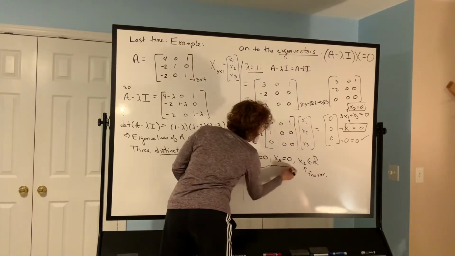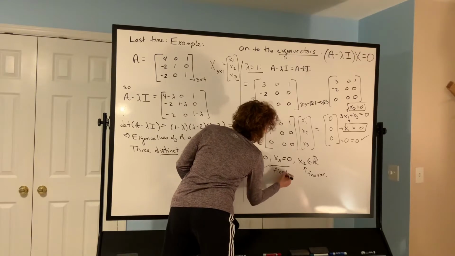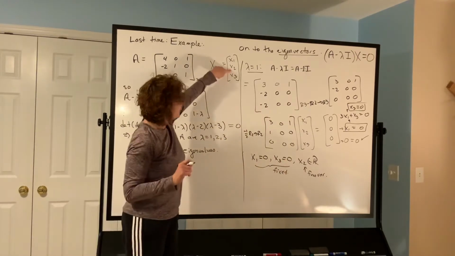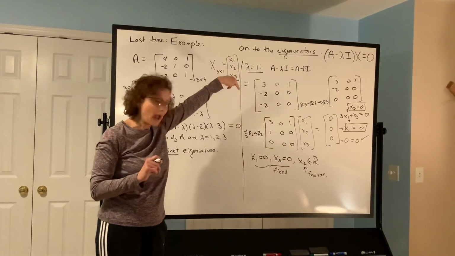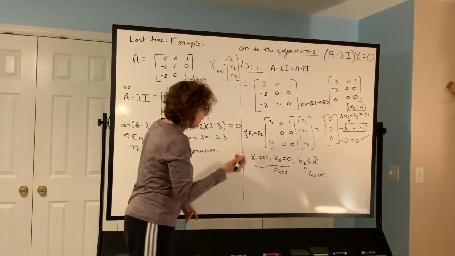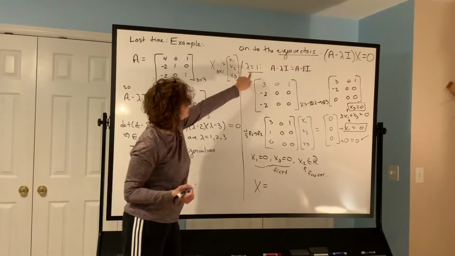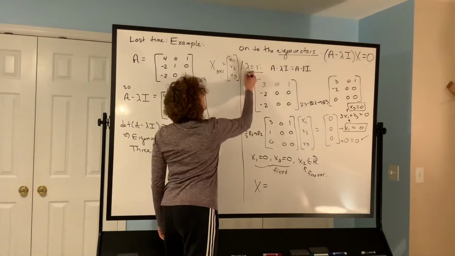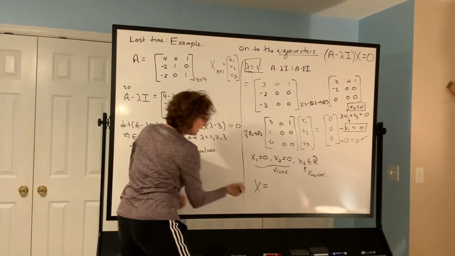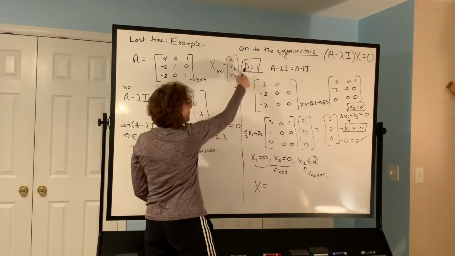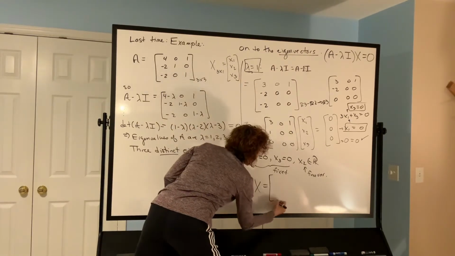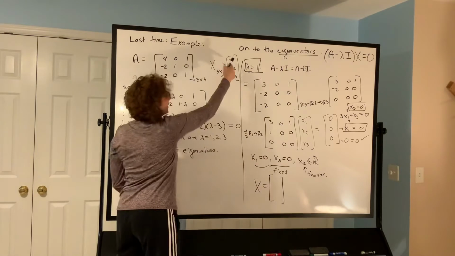These guys are my fixed variables, right? So x2 is allowed to roam free. x1 and x3 have to just be 0. And so therefore, what is my x, my eigenvector that goes with the eigenvalue lambda equals 1? The eigenvector that goes with that eigenvalue has the form x1, x2, x3.